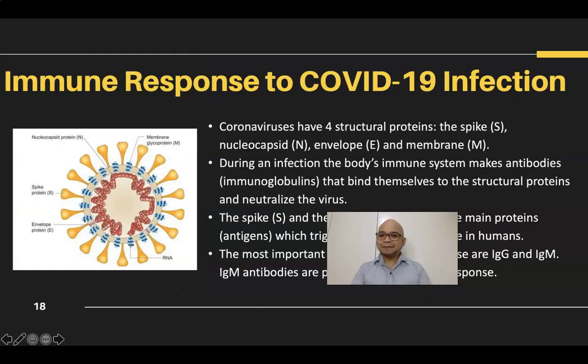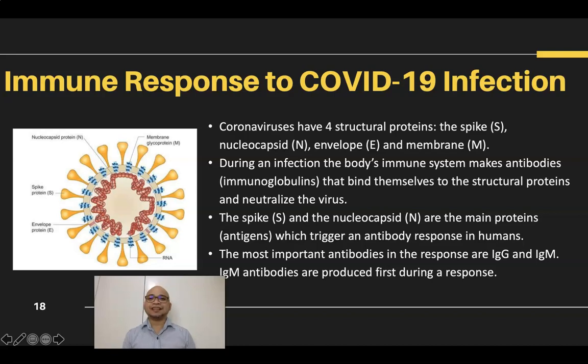So let's talk about the virus itself. The coronavirus has 4 structural proteins. Namely, we have the spike protein, which you can see here. Then we also have the nucleocapsid, which is near the capsomere.